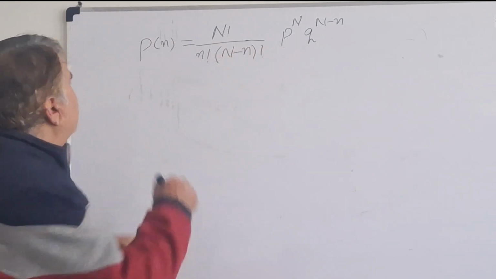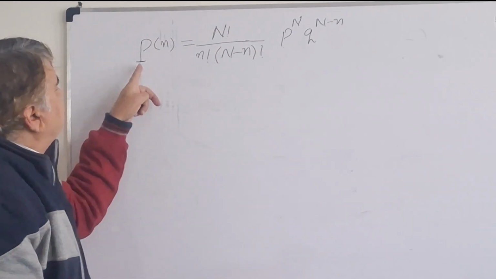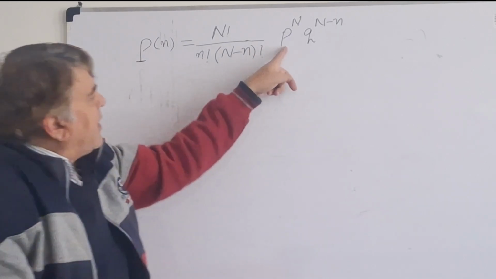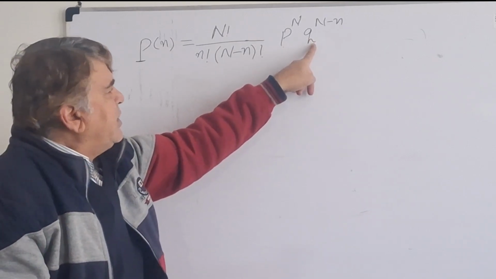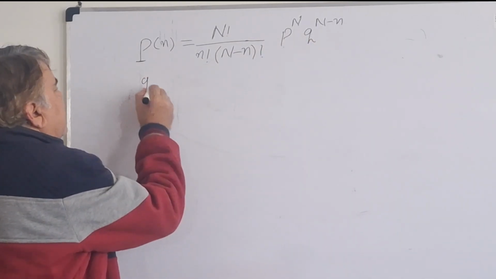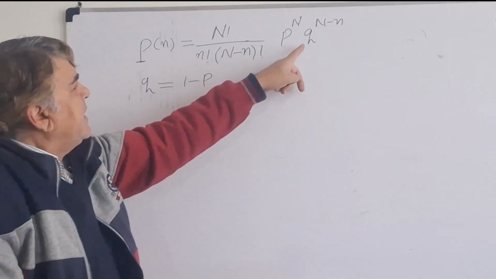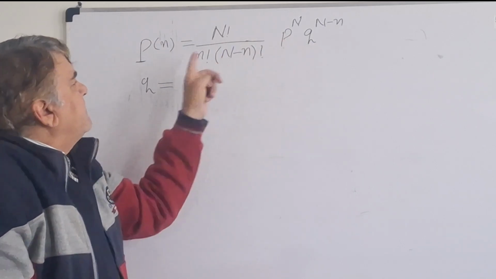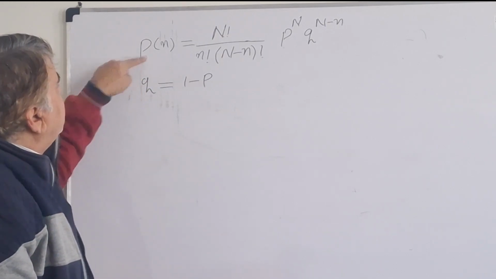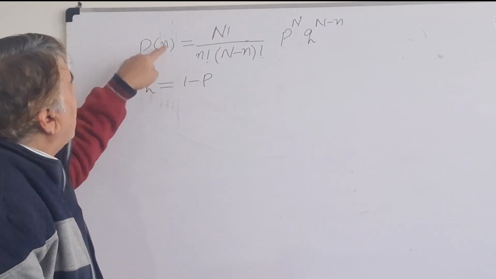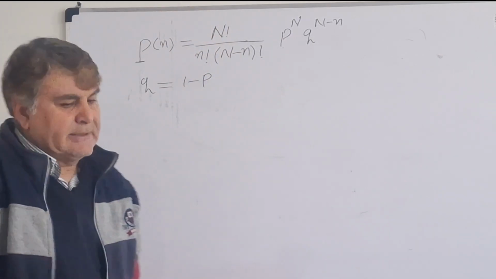Remember, this is small p and this is capital P. To differentiate them, I just put a bar at the top of the P, so this is capital P. Small p is the probability of success in a single trial. And q, which I write as q equals 1 minus p, is the probability of failure in a given trial. And then obviously capital P of n is the probability of small n successes in this number of trials.